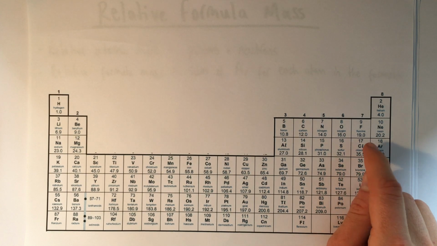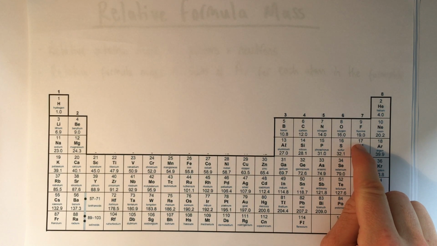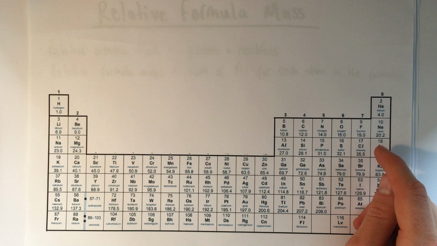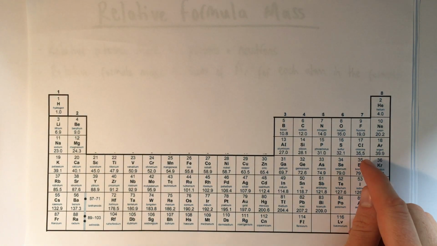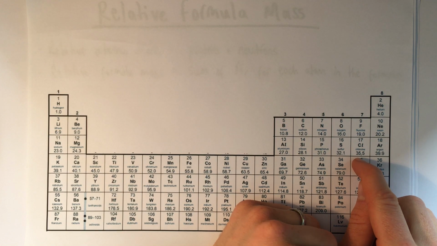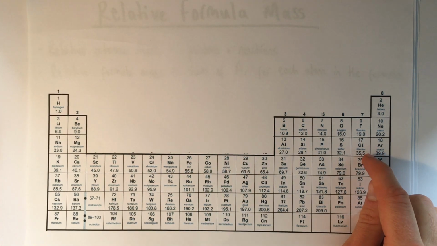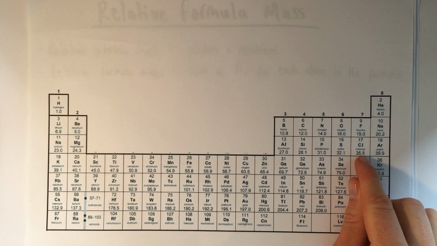That's because it's got 17 protons and on average it's got 18.5 neutrons. Some of the atoms have got 18 neutrons and a few of them have got 20 neutrons. So on average, the relative atomic mass for a chlorine atom is 35.5.